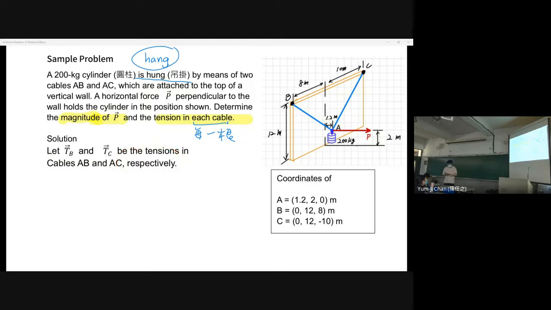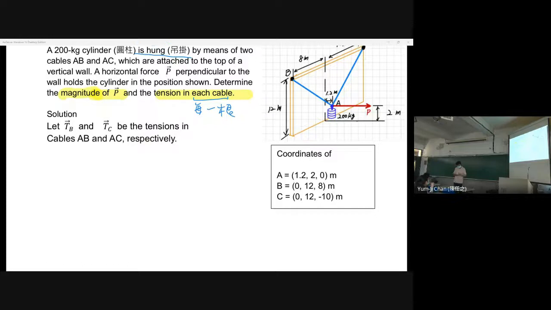Now, before we do calculations, what should we do? Free body diagram, okay? So we draw a free body diagram. And before we draw it, I want to ask how many forces are there in the free body diagram?